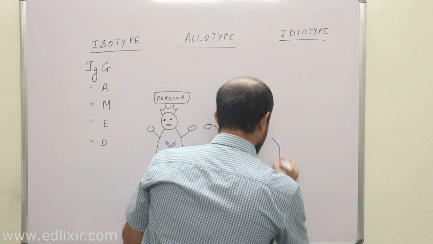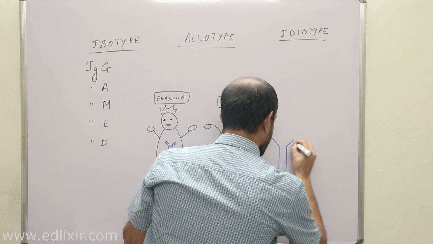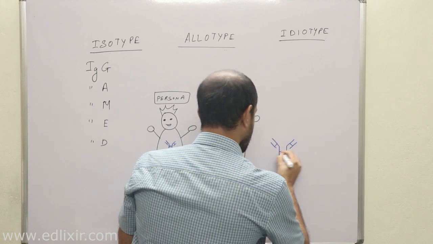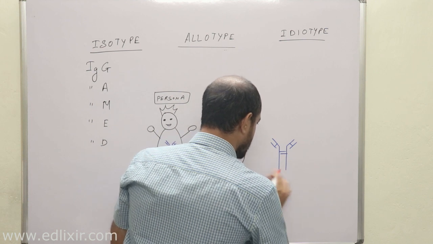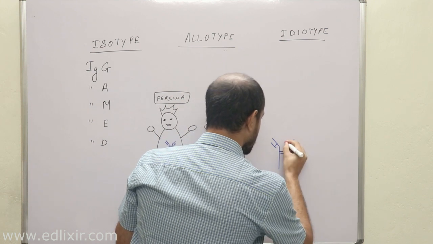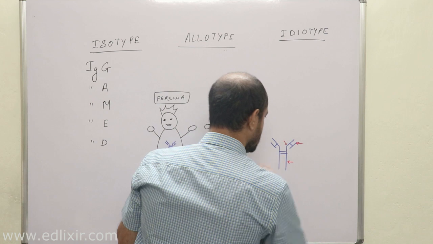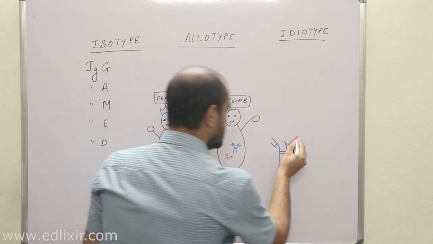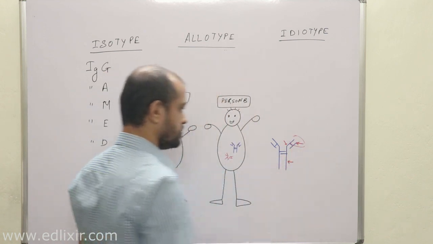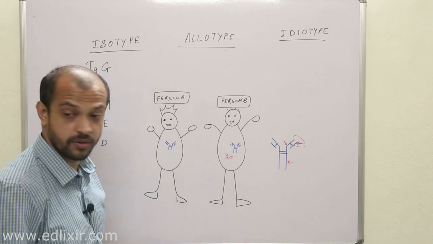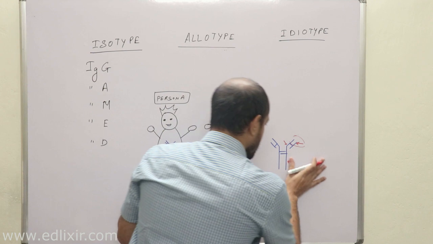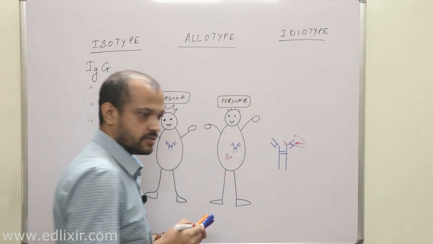Now, listen with all your attention. Suppose this is person A's antibody and this is person B's antibody. Where will it bind? In this region, or in this region? That means in the variable region or in the constant region, where will this red colored antibody bind? Now listen with all your attention.